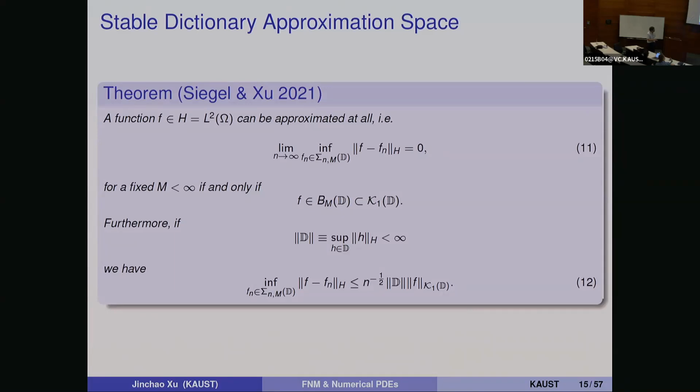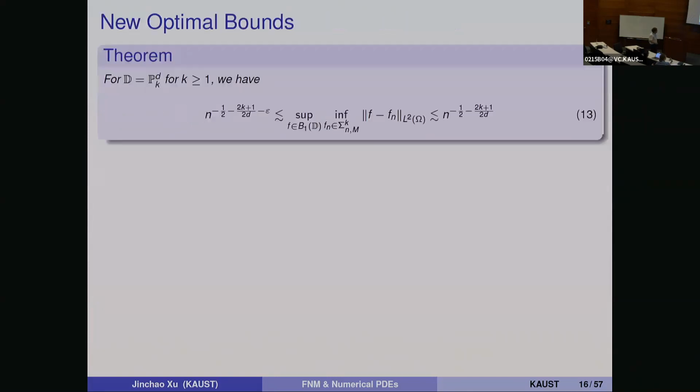You get a norm in terms of n to the negative half, as you can see in the Monte Carlo type of method. This is about the sampling argument. It's interesting that even in this approximation theorem, you can do a sampling argument. So this is a very generic theorem.